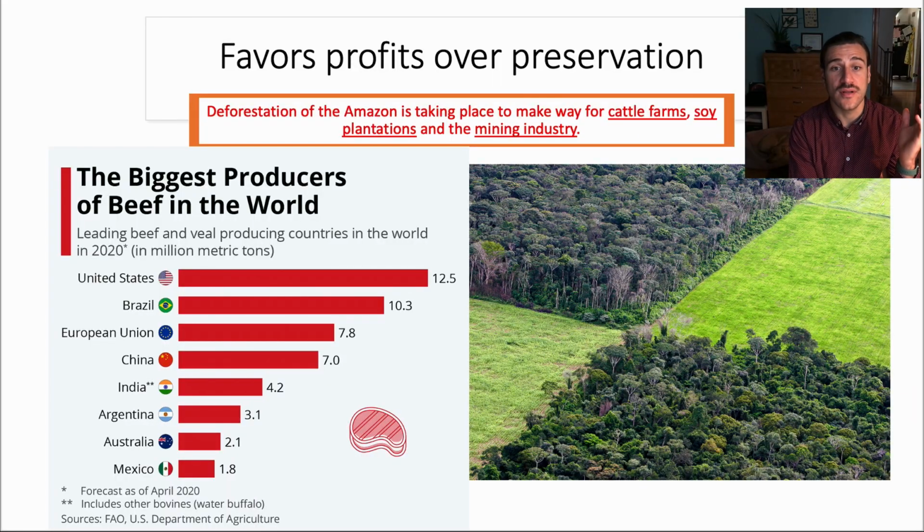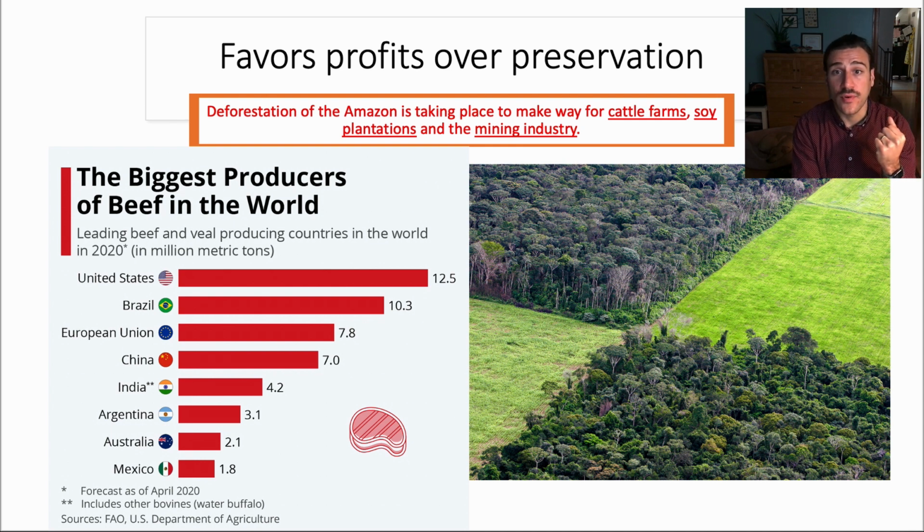So throughout the world, there are certain political parties that favor profit over preservation. Now, we see this today, right? This is a very prevalent political idea.